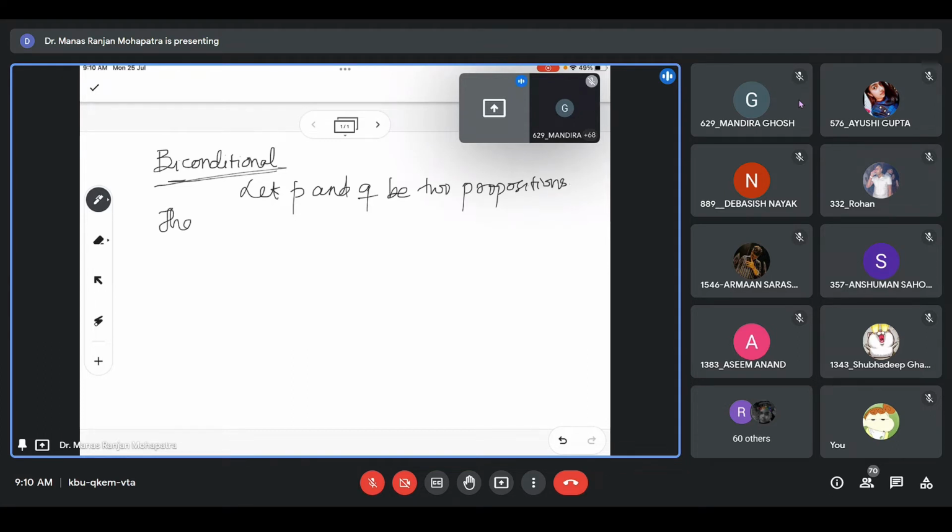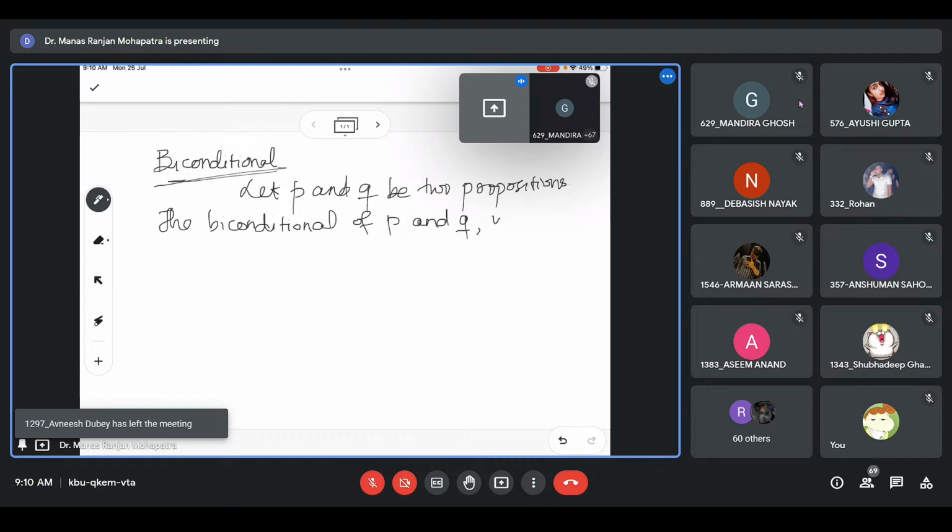The biconditional of P and Q is written by this symbol, P double implication Q. It is the symbol for biconditional.